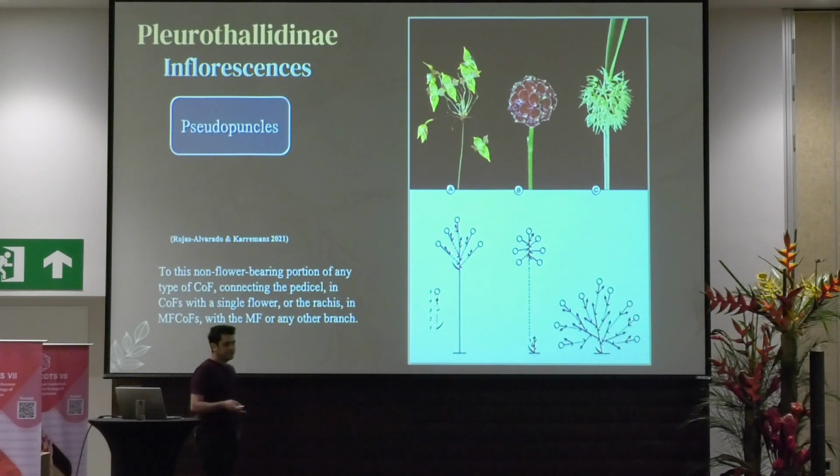So what about the structure that has been currently described in Pleurothallidinae? How has it been described? Well, it has been described as a peduncle, but it is actually not a peduncle.